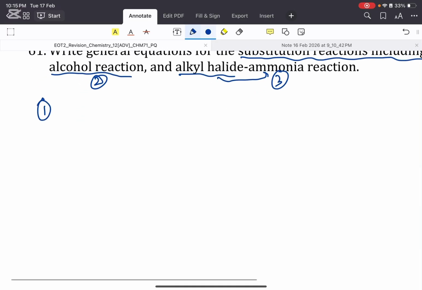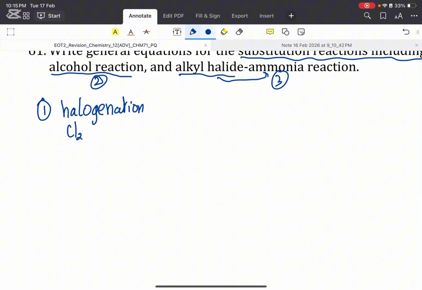So for example, example 1, substitution halogenation. It is called halogenation, it means I have a halogen. Could be Cl2, F2, Br2, or I2. So I have an alkane. Suppose I have C2H6, for example.